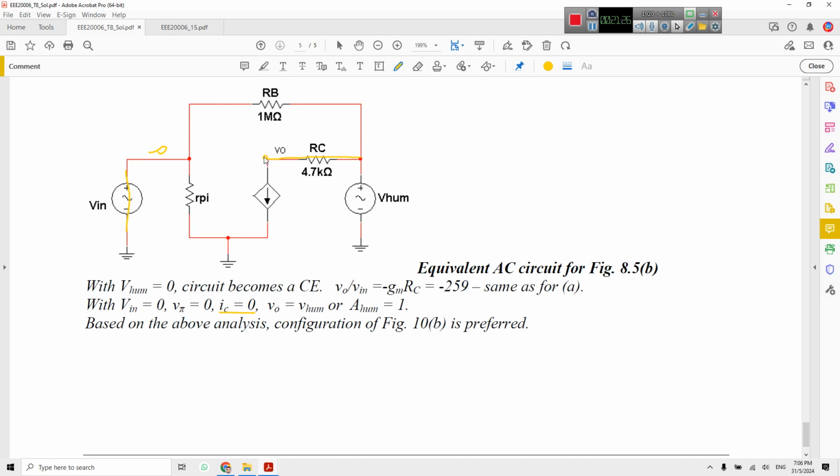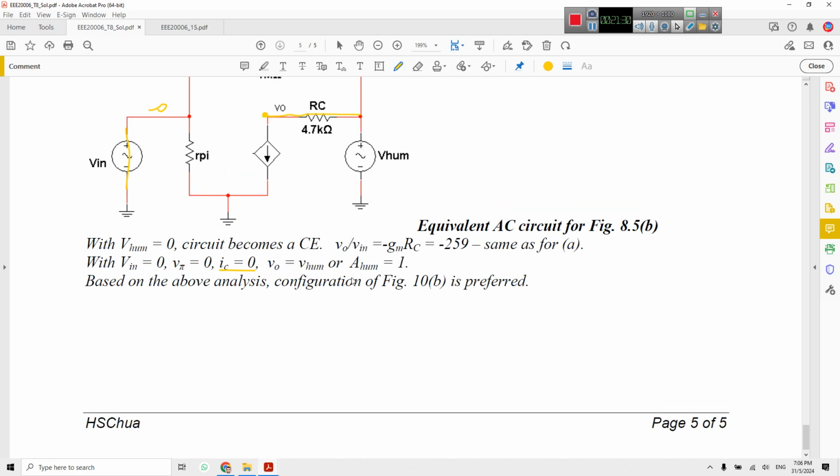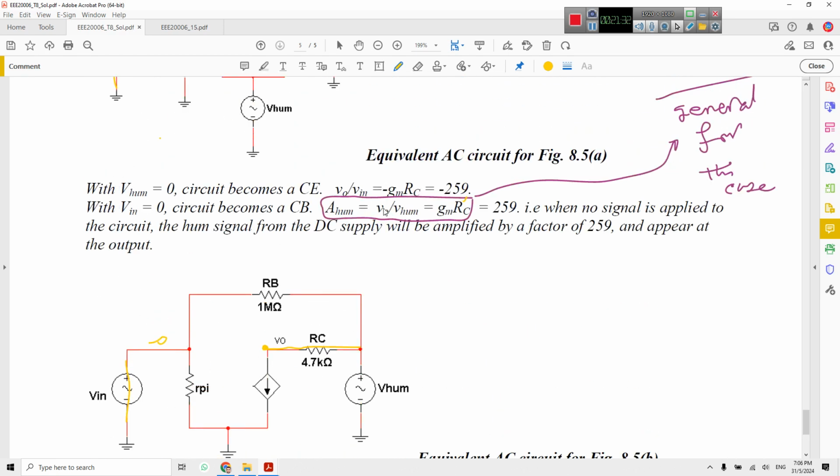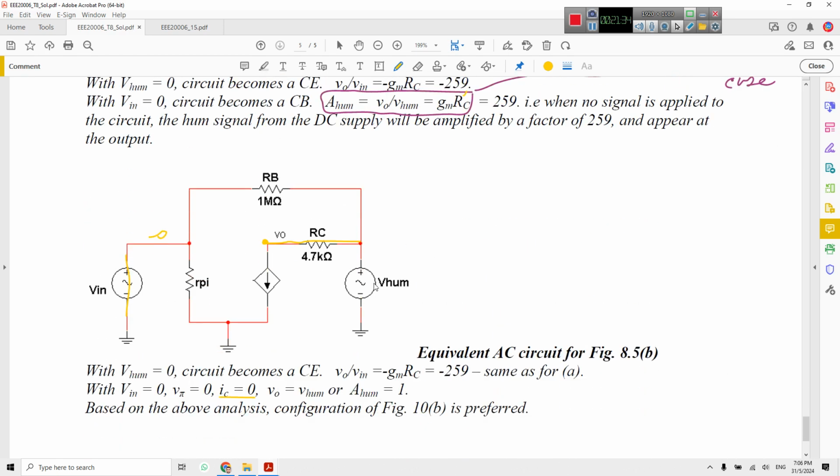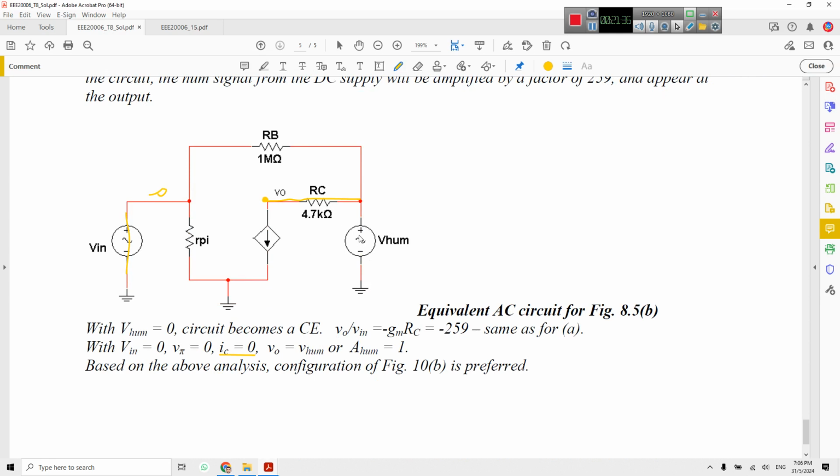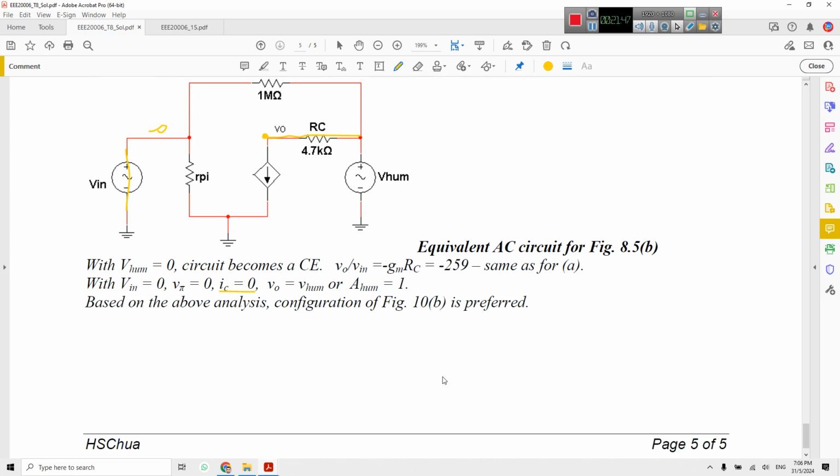No current, no voltage drop, so V hum equals V out. Then, as we know, V out over V hum: V hum and V out are the same. So A hum equals 1 based on the Bowers analysis configuration. 10B is preferred. Okay, wish you best.